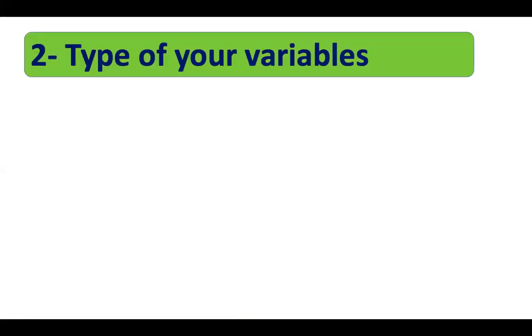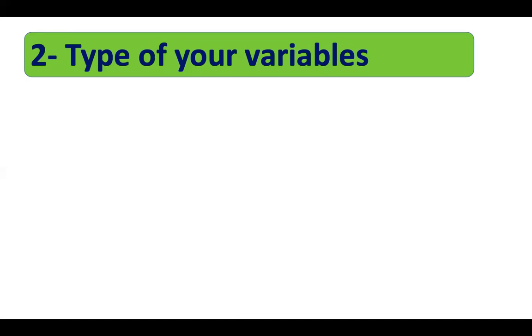Then, what are the types of your variables? We are very strict about this. You have to know your variables very carefully. Be sure that you know the type of the variable. That's why we insist, during entering the data in SPSS, and we gave you all the rubrics for the evaluation of this part, that the type of variable is very important.